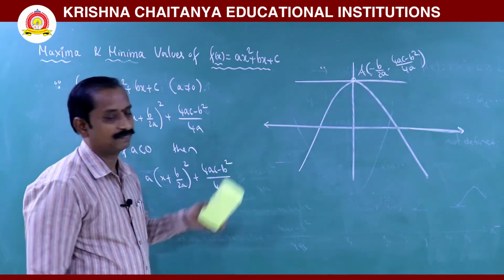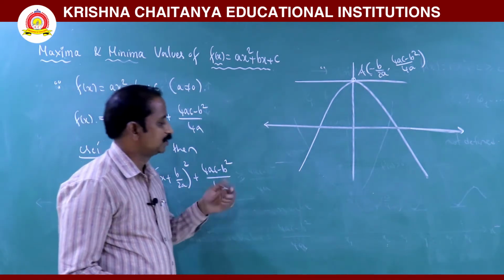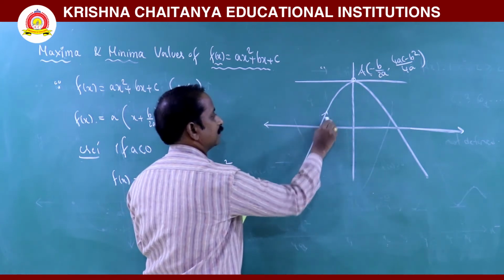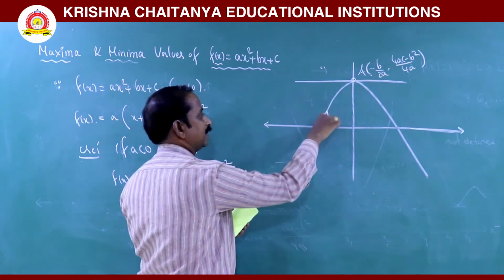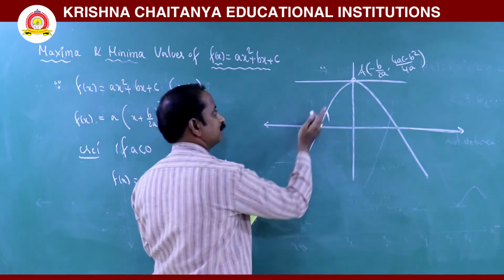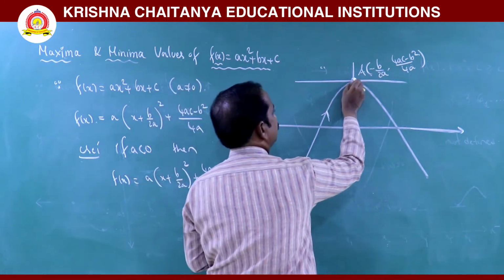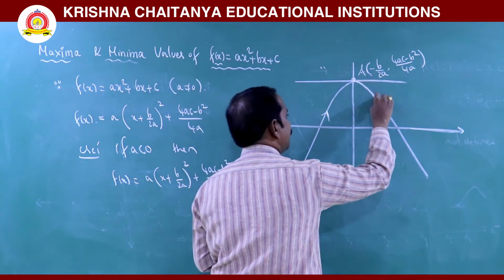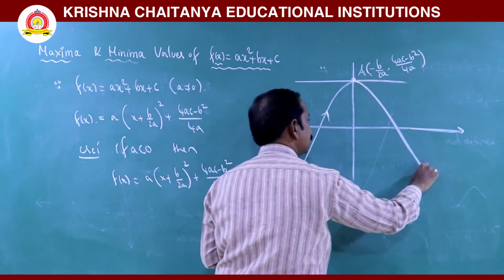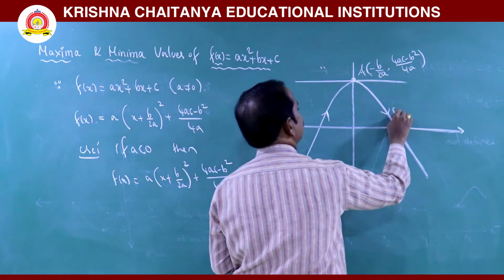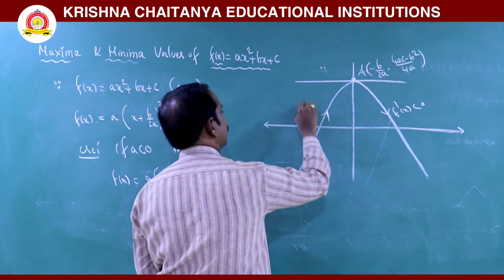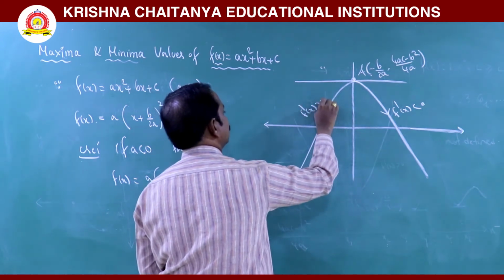Observe the graph. It goes up, an increasing curve, f'(x) greater than 0, and at this critical point onwards the graph continuously goes down, a decreasing curve, f'(x) less than 0.